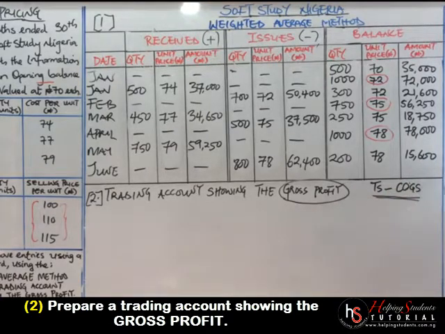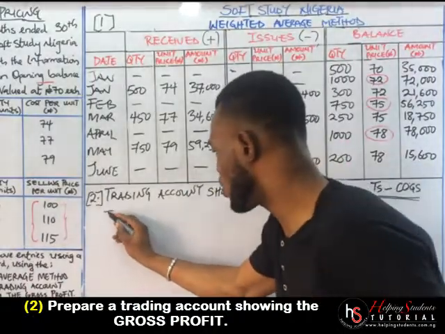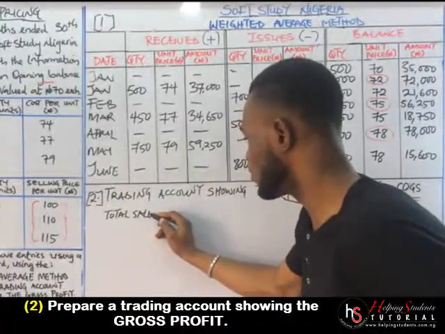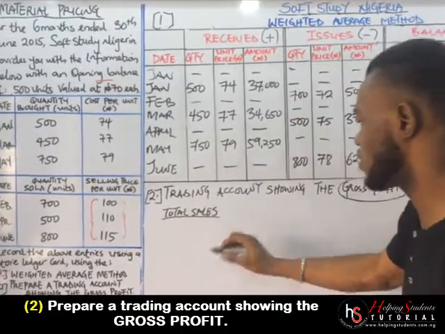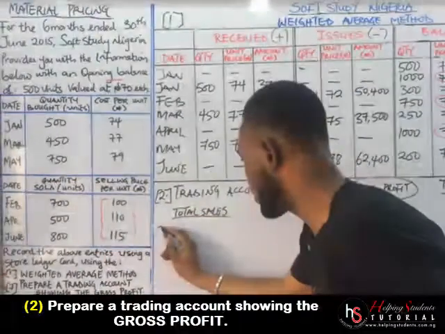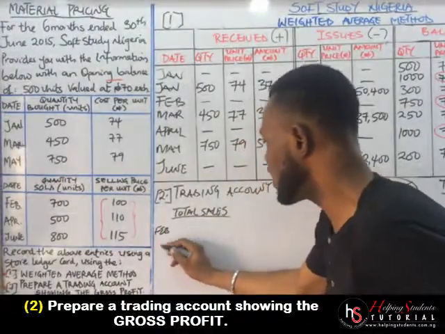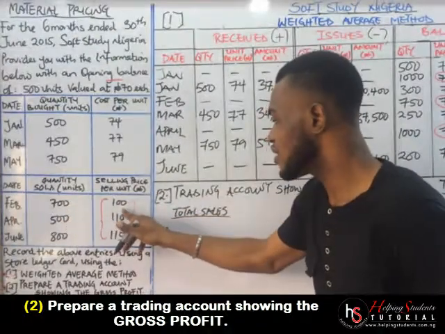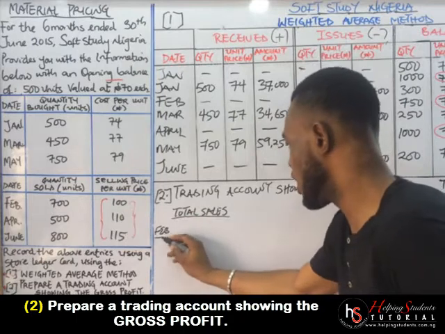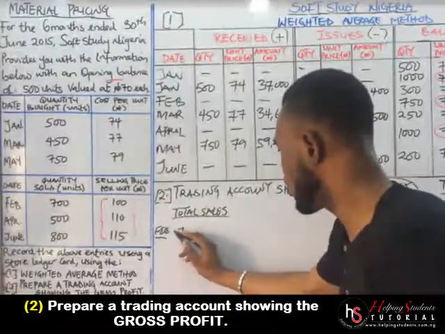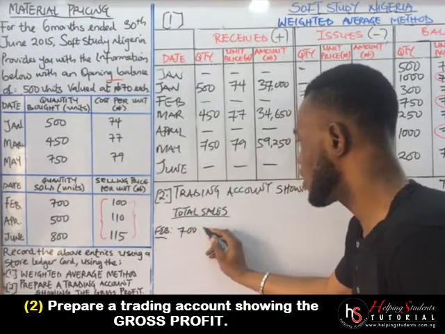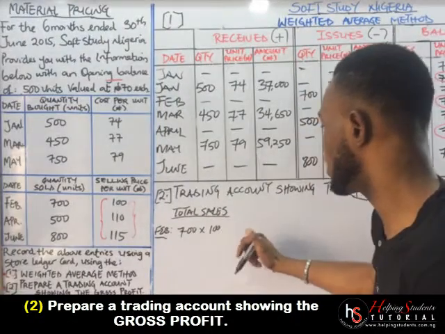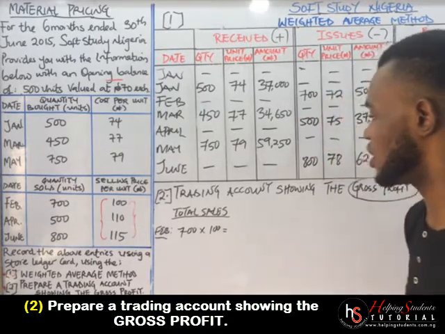So we want to derive our total sales. So we write what? Total sales. For February, the sales made in February was 700 units times 100. 700 times 100.